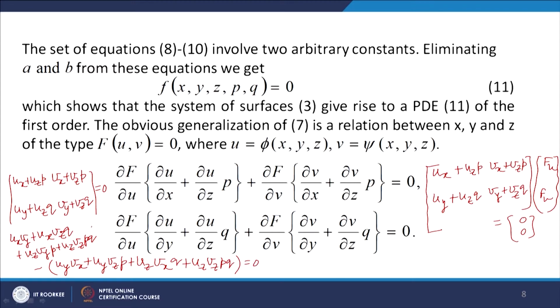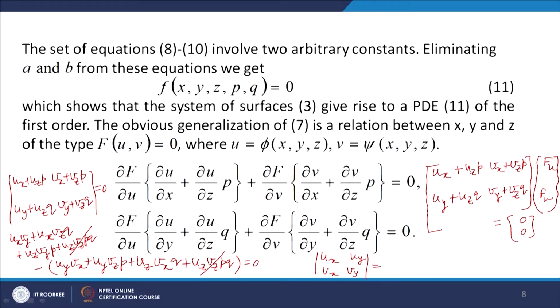So, you can see uz bz pq will cancel with this uz bz pq. Okay, ux by minus uy vx we can write as ux uy bx by. The terms ux by minus uy bx can be written as ux bx uy by, and then we have here ux bz, let us take the coefficient of p.